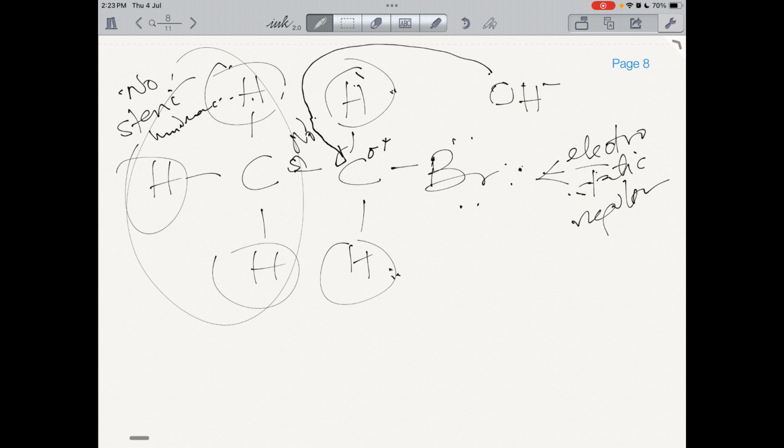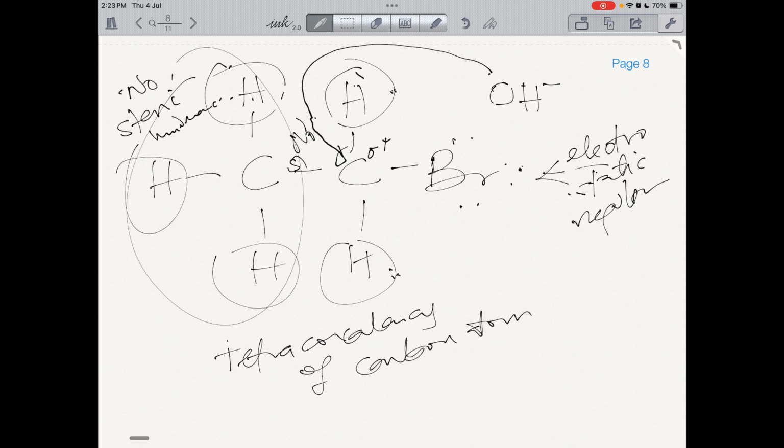As it comes from there, what OH is saying is, carbon, I want to form a bond with you. But that would make the bonds around carbon more than 4, and that is against the tetracovalency of carbon atom.